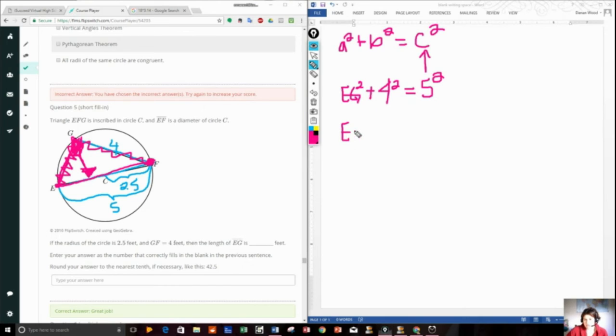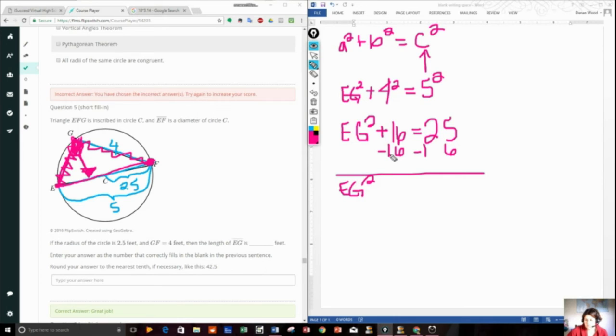So EG squared plus 4 squared, which is 16, equals 5 squared, which is 25. Now I want to isolate EG squared, so I'm going to subtract 16 from both sides. 16 minus 16 is 0, and 25 minus 16 is 9. So EG squared is equal to 9.